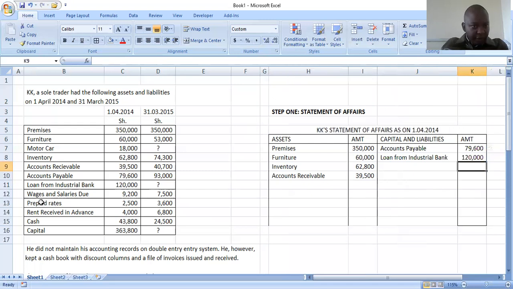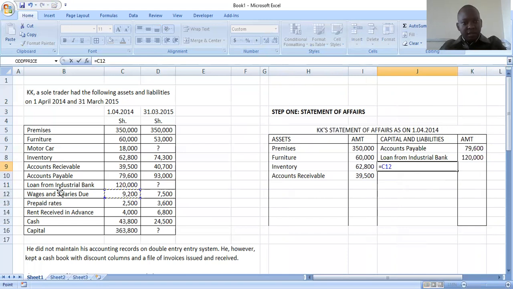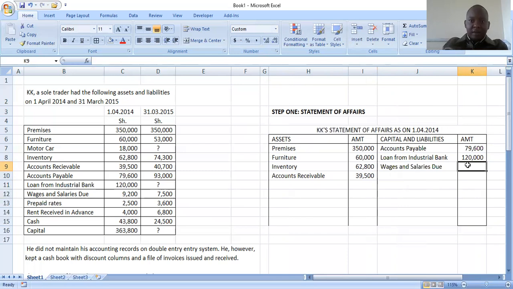Then wages and salaries due are current liabilities, so we have them on the liability side, and the amount is 9,200.